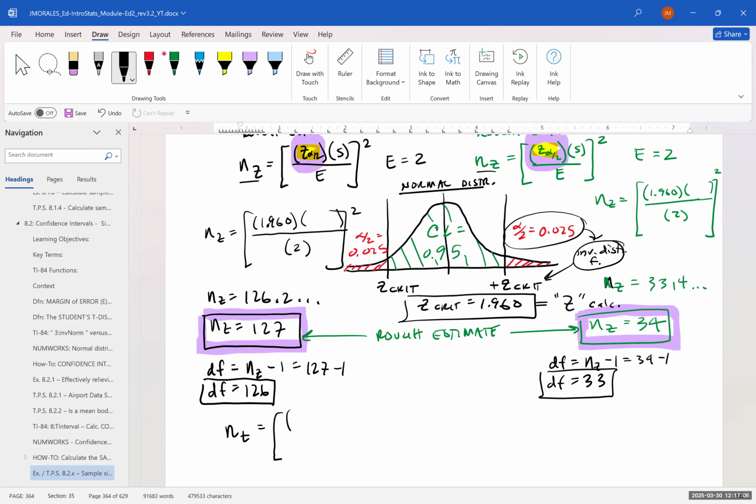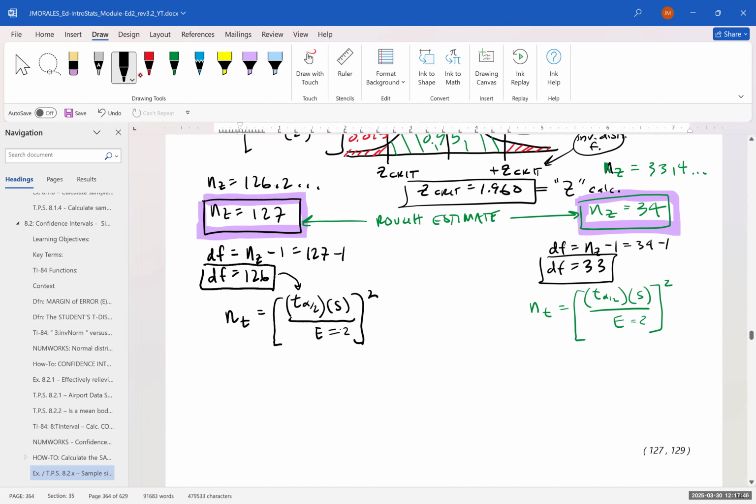And instead of a z alpha/2, we're going to use a t alpha/2, because now we've got degrees of freedom. Like that. And then we can do that over here. We're still going to use E being equal to 2. We're going to use the same standard deviation, but now we need to calculate this t alpha/2 score, this critical t score.